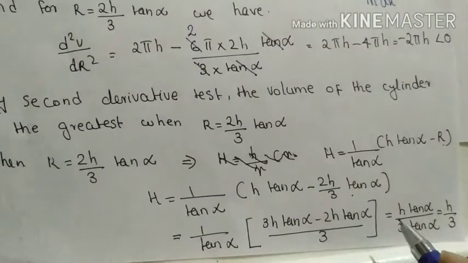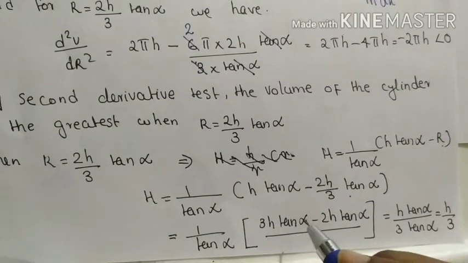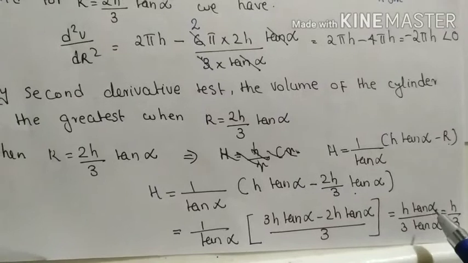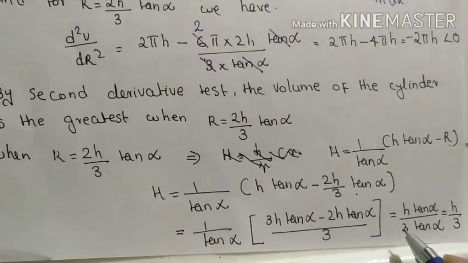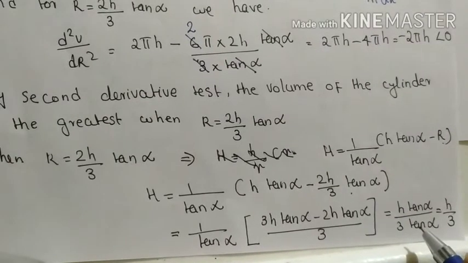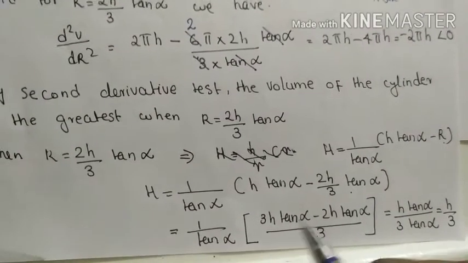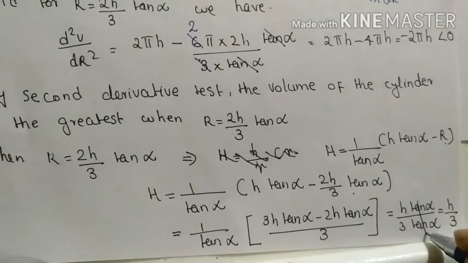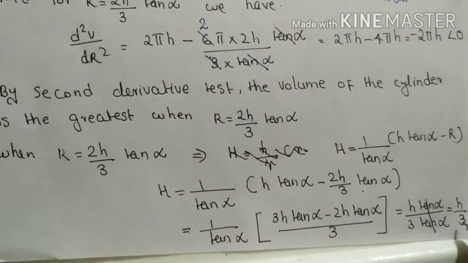That is H tan alpha divided by 3, and the tan alpha comes to the denominator. So we get H tan alpha by 3 tan alpha, these two tan alpha cancel each other, and we get H by 3.